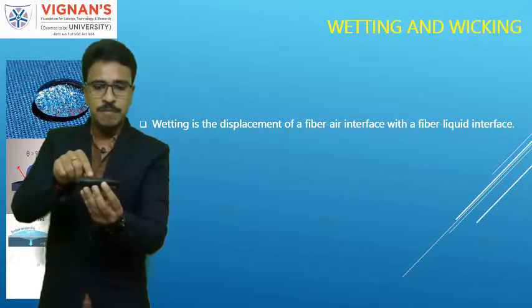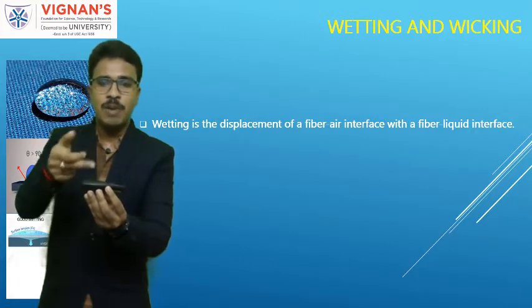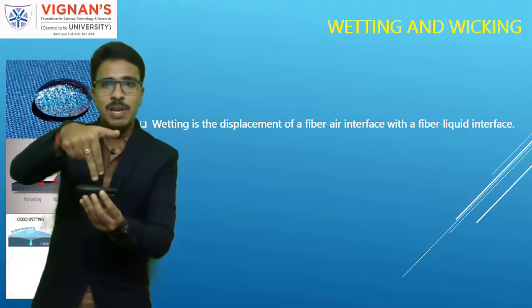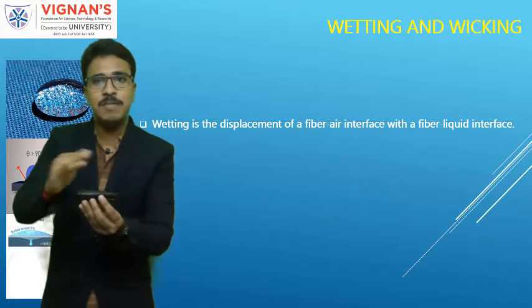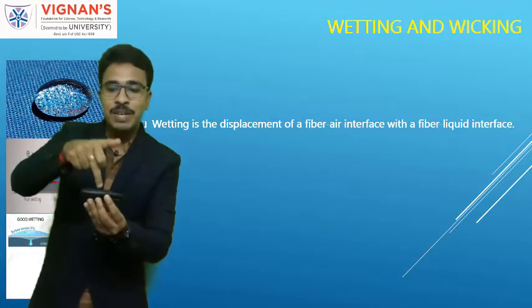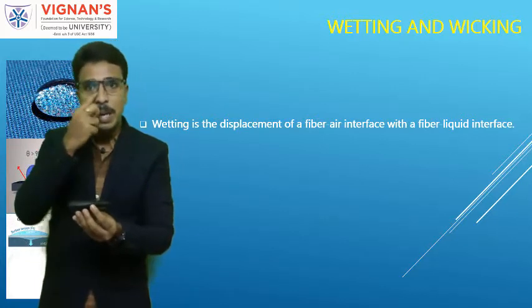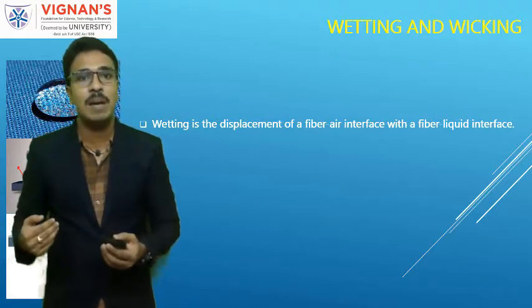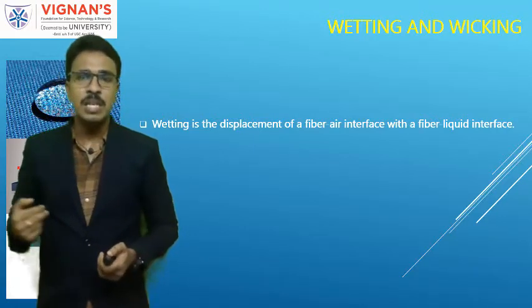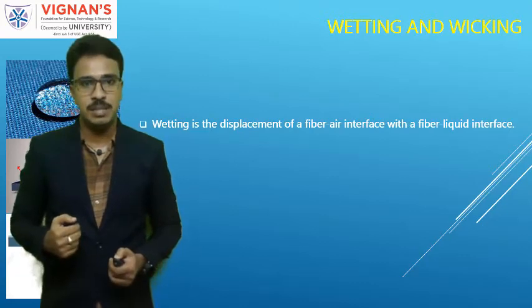Fiber and air will be there. Now whenever we put a drop of water, what will happen? The air interface is replaced by the liquid interface, and this is where the wetting takes place.